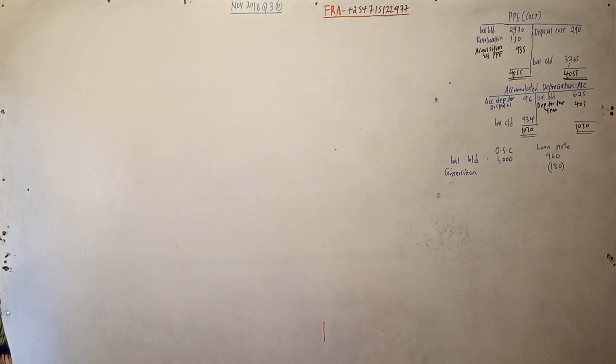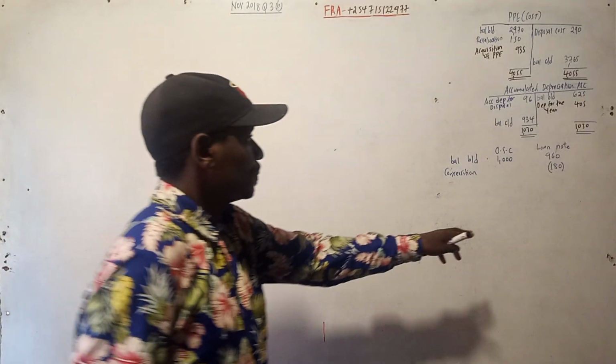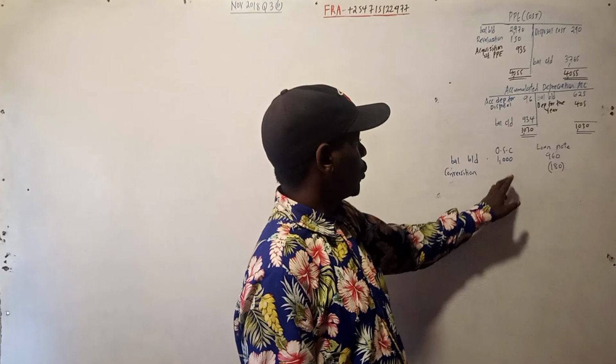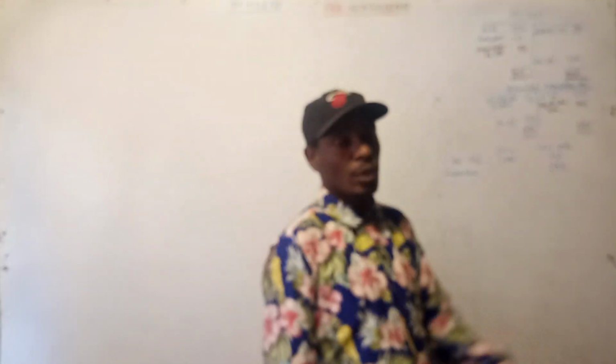Let us confirm the amount that will go to ordinary share capital. So 180 was converted into ordinary share capital. So 180 will be utilized from the loan account. It will reduce the loan account by 180.